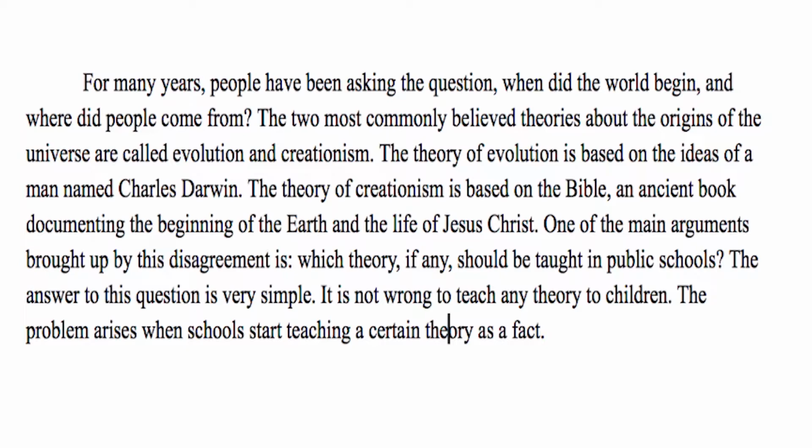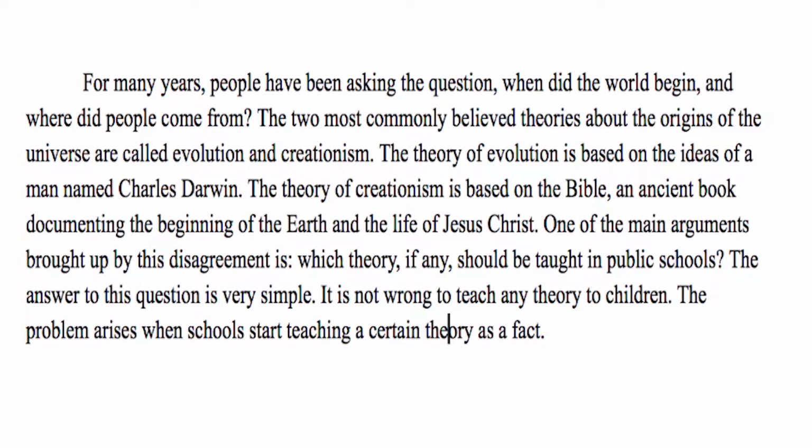The theory of creationism is based on the Bible, an ancient book documenting the beginning of the earth and the life of Jesus Christ. One of the main arguments brought up by this disagreement is, which theory, if any, should be taught in public schools? The answer to this question is very simple. It is not wrong to teach any theory to children. The problem arises when schools start teaching a certain theory as a fact.